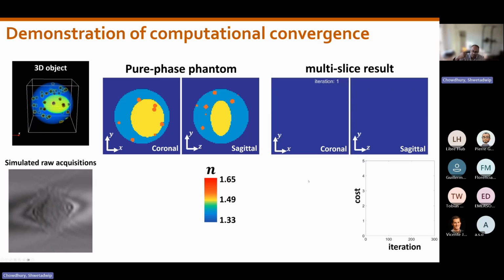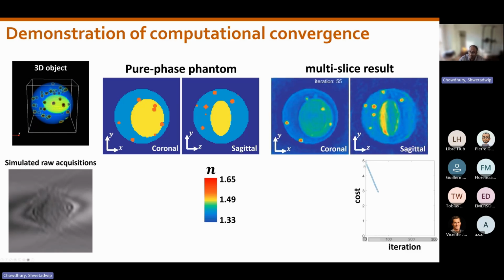Then as we run our iterative algorithm, where we're trying to minimize the difference between our measurements and our model output, we see that each of the voxels within this volume starts converging to the true value given by the phantom refractive index, right? This is really what we do every time we run this algorithm. It's always an iterative process, and we're trying to match the measurements that we get from our system with our model predictions.